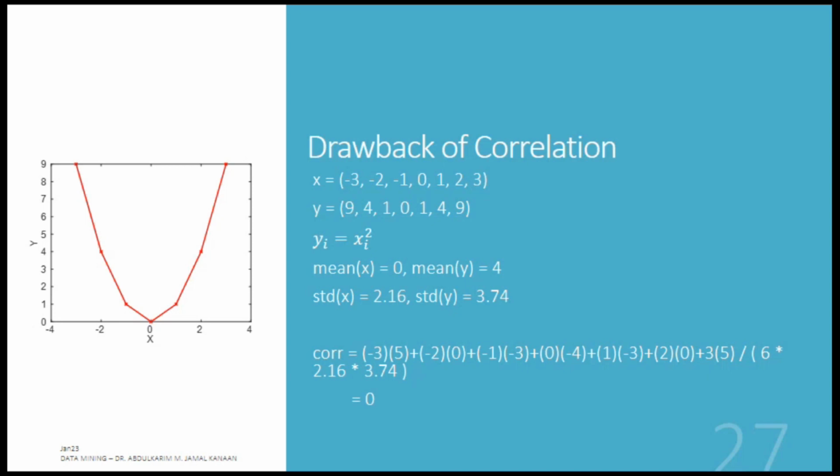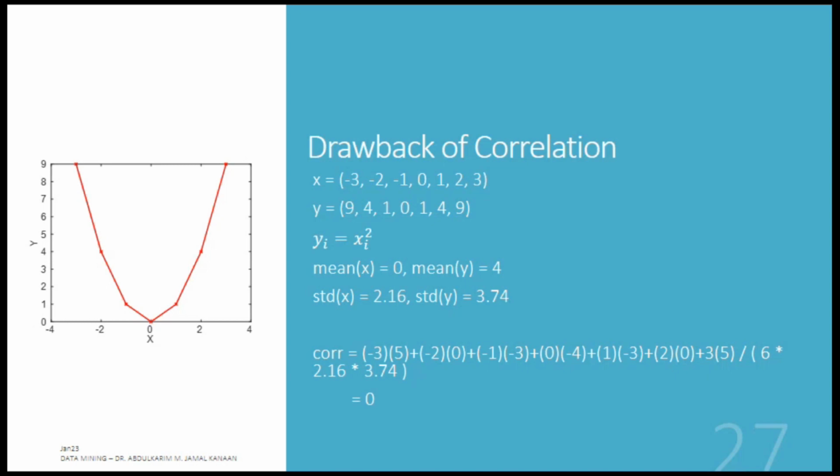So if you apply correlation, it's not the final word on whether there is a relationship between two variables or not. In this case we have a curved relationship, so correlation will fail. So how to detect the relationship? Nobody asks.